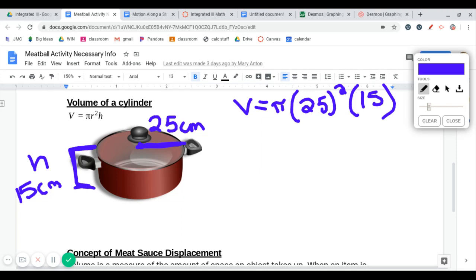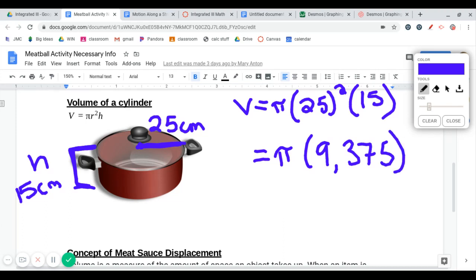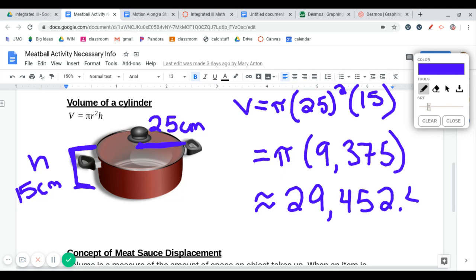So let's see, 25 squared is 625 times 15 is 9,375. We can multiply by pi, get a decimal. This is approximately 452.4. Again, cubic centimeters.